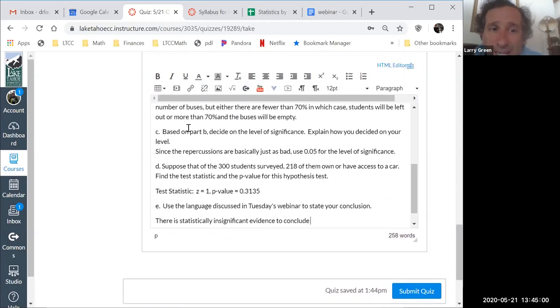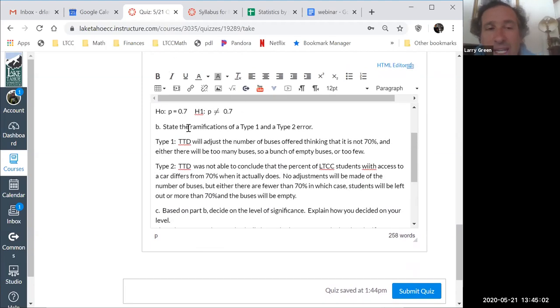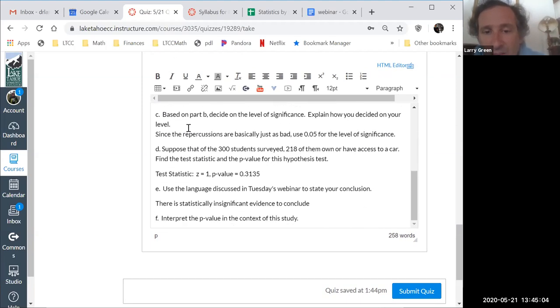So H1, again, let's look at it, was P not equal to 0.7. So now take P, and what is P? Two words. They both start with P. Do you remember? Okay, population proportion.